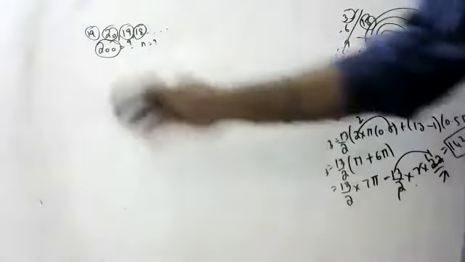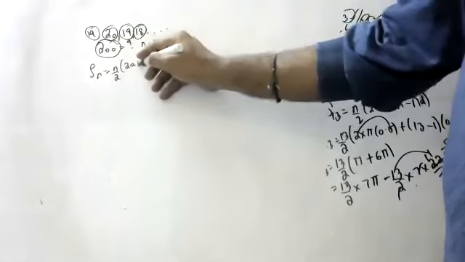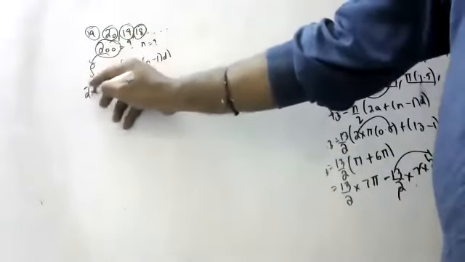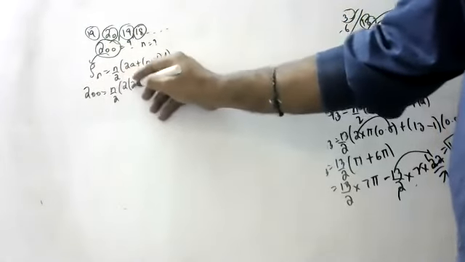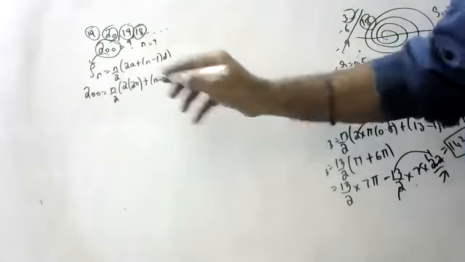Yes, Srideep, tell. Sir, the formula is S n equals n by 2 into 2a plus n minus 1 into d. Total 200, he only said. 200 is equal to n by 2 into 2 into 20 plus n minus 1 into minus 1.